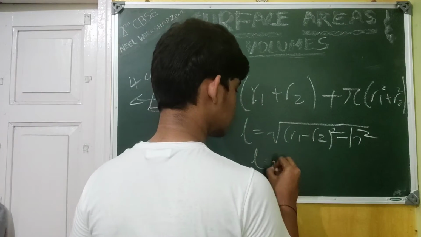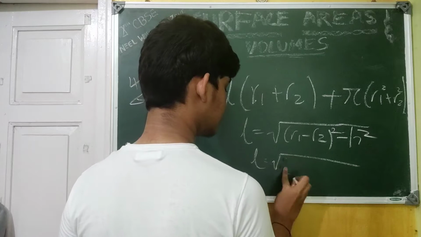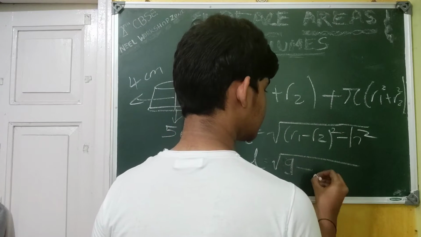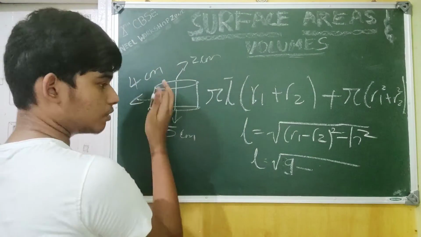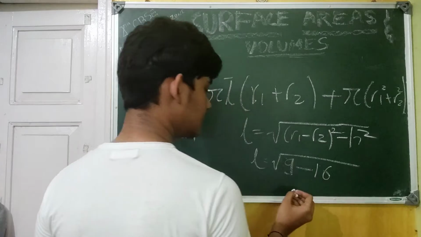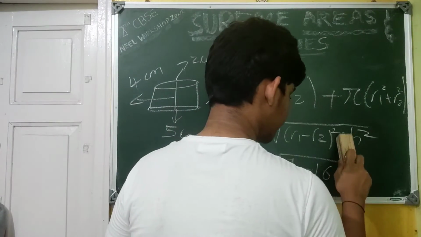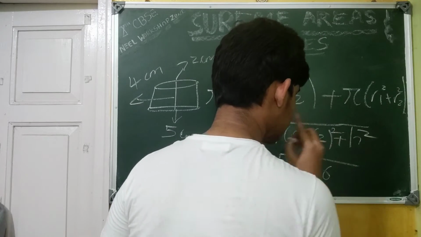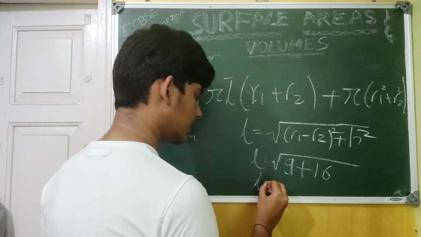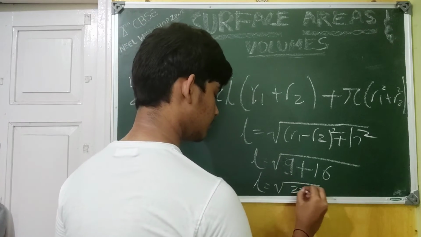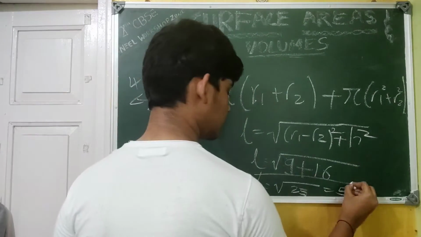So root of (R1 minus R2) squared, so 5 minus 2 is 3, 3 3s are 9, 9 minus, you also have H squared, so H squared is basically 4 4s are 16, so L is equal to 9 minus 16. Let me take my eraser real quick. It's obviously a plus, so we need to use plus, not minus. So doing that, we get 9 plus 16, so L is equal to root 25, and the root of 25 is 5. So we got L is equal to 5.